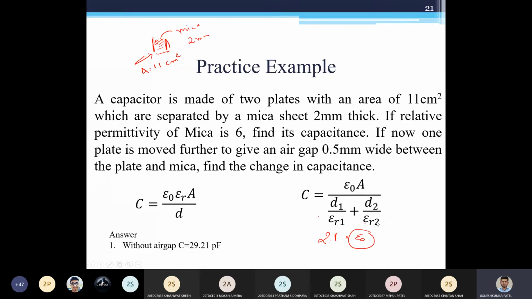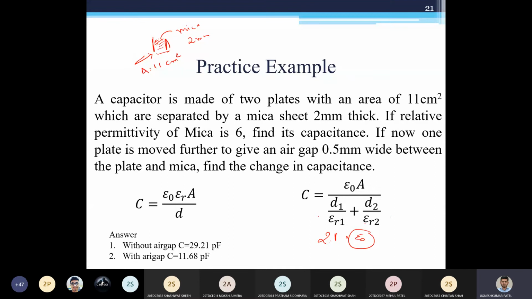For air and vacuum, epsilon r is always 1. Relative permittivity is 1 for air and vacuum. So here I'll put 0.5, and directly I can put 1 here. By solving this equation, I get the other value, 11.68 picofarad.